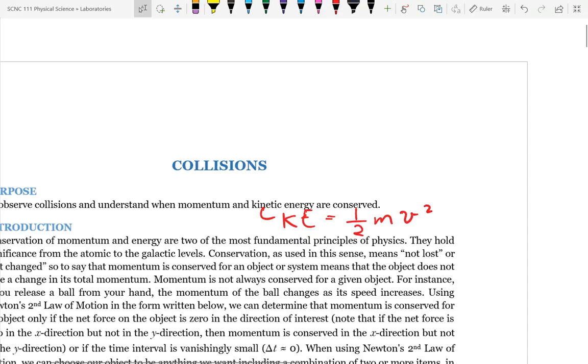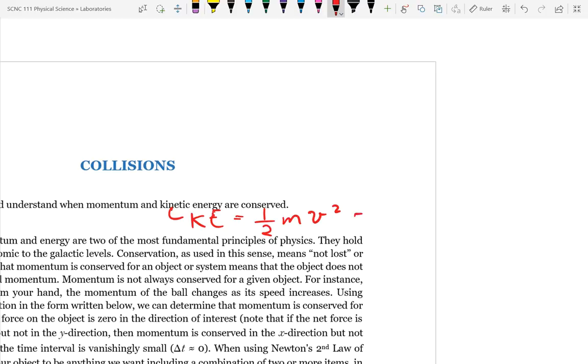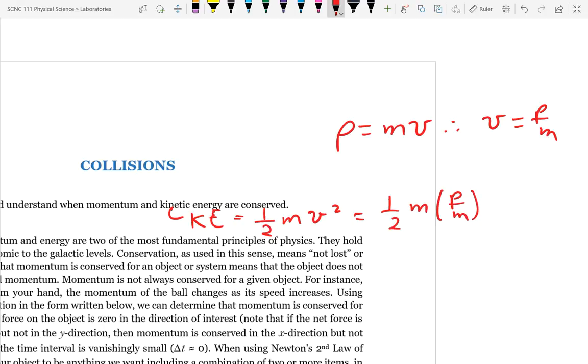In fact, you can write kinetic energy in terms of momentum. Since momentum is mass times the speed, then speed is momentum divided by mass. And so kinetic energy can be written as 1/2 mass times momentum divided by mass squared, which is momentum squared over 2 mass. Once again, you have to remember P stands for momentum.